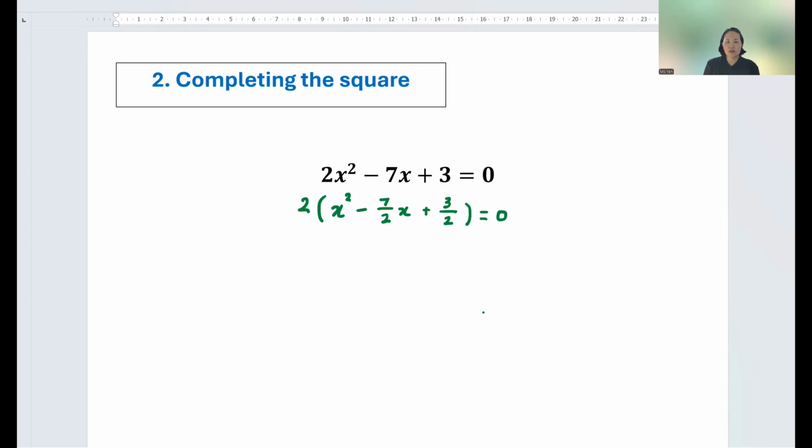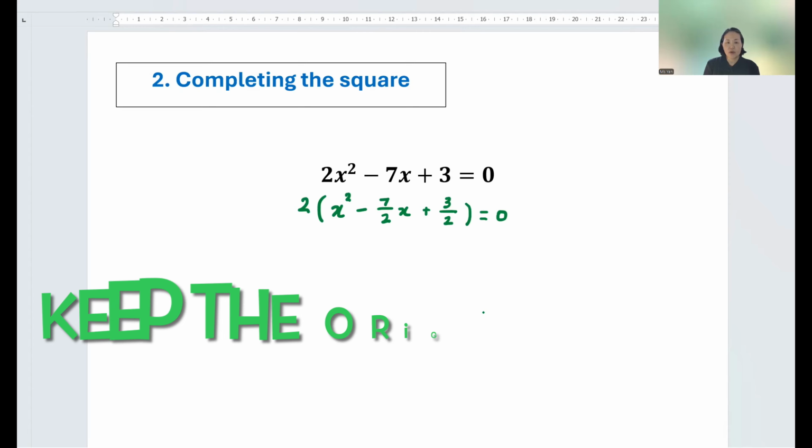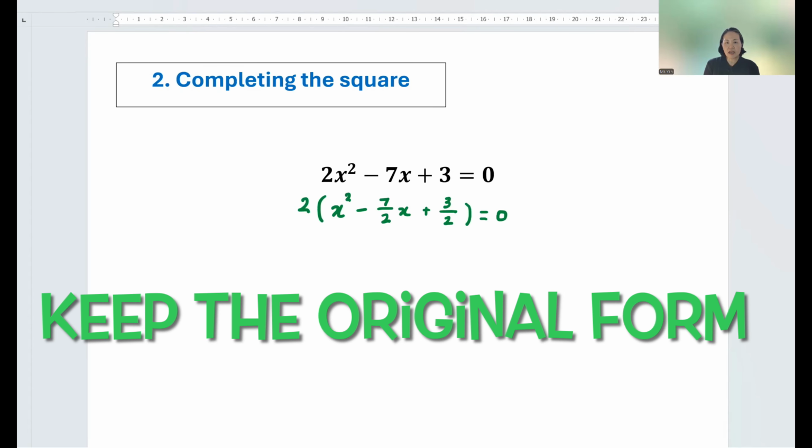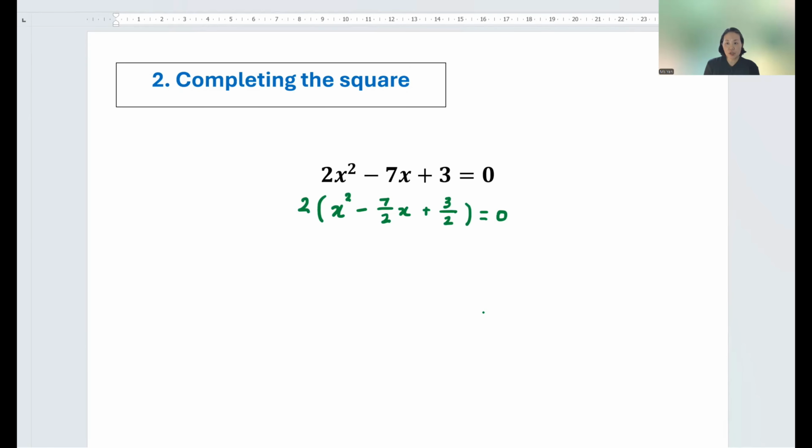All I've done, from the original expression, is divide by 2 here. If I had 3x squared, I would divide by 3, so that when I expand it, I go back to the original equation. So what I have now is x squared minus 7 over 2x plus 3 over 2 equals 0.